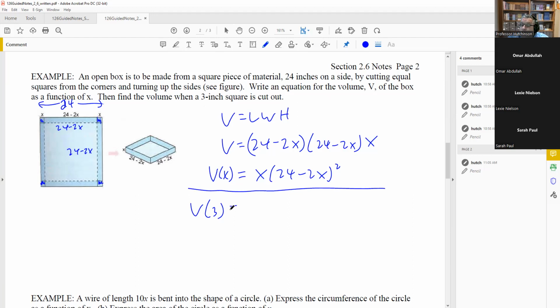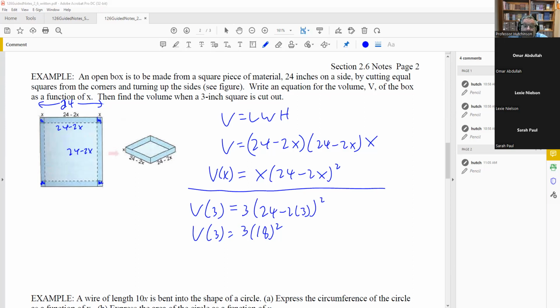So V of 3 is equal to 3 times 24 minus 6, which is 18, squared. So we put an 18 in there, and then we just have to compute that.